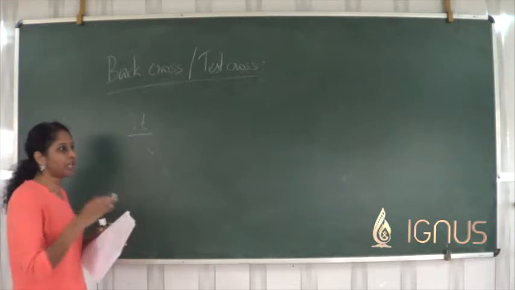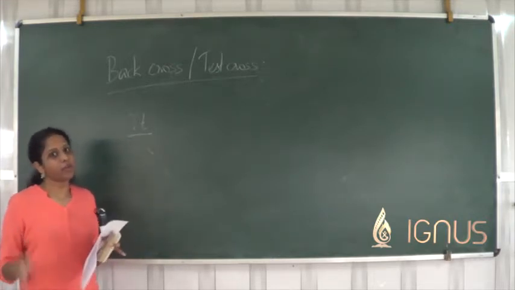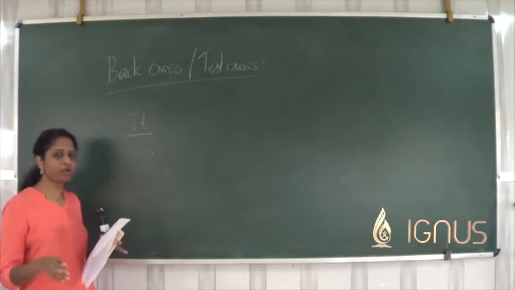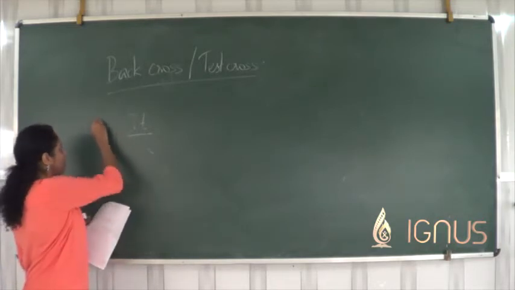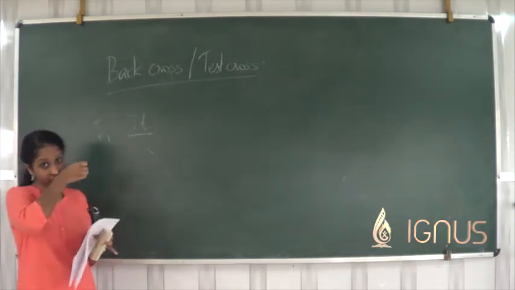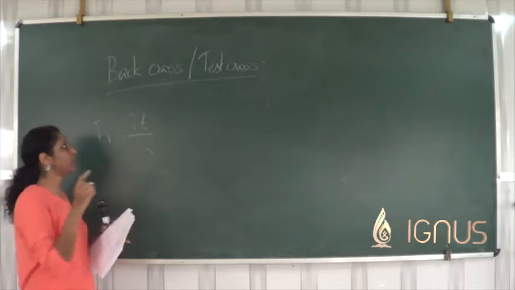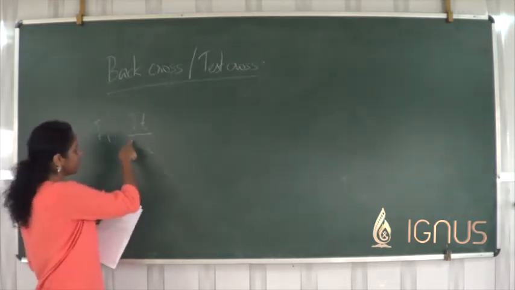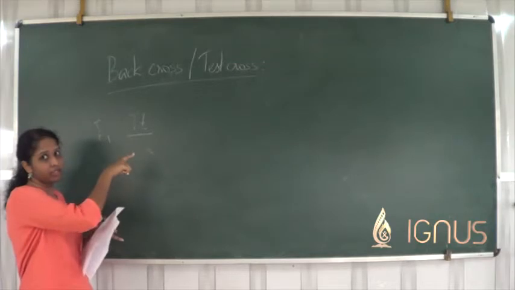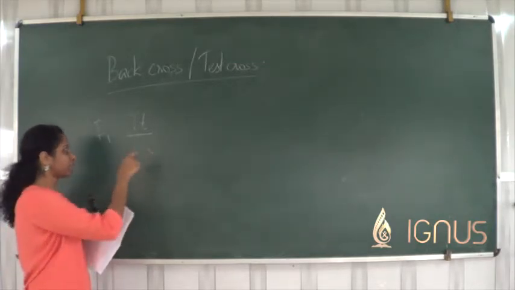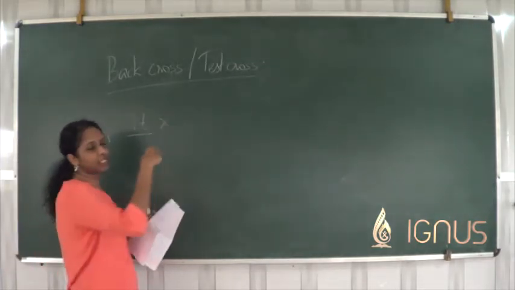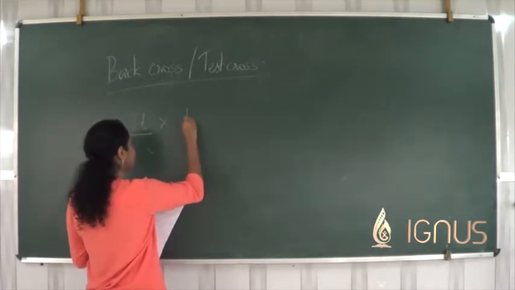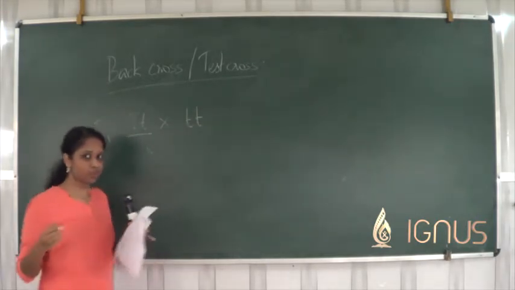It does not look any different from a pure breeding tall plant. So how do you figure out what is the genotype of the F1 generation? That you can do by doing a test cross, wherein you're crossing the heterozygous tall plant which you get in the F1 generation with its double recessive parent, which will be the homozygous dwarf plant.